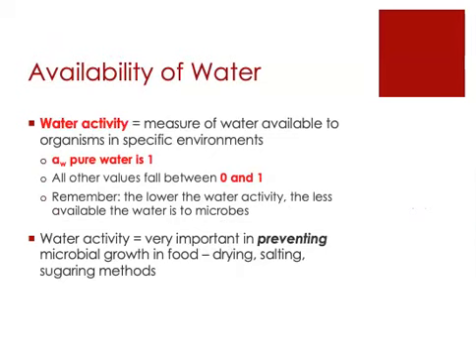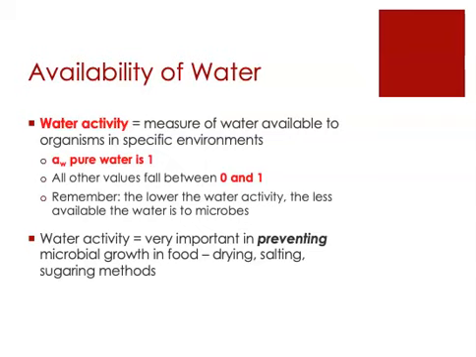Water activity is the measure of water that is available to microbial organisms in a particular environment. Pure water, water that has no other substances dissolved in it, has a water activity of 1.